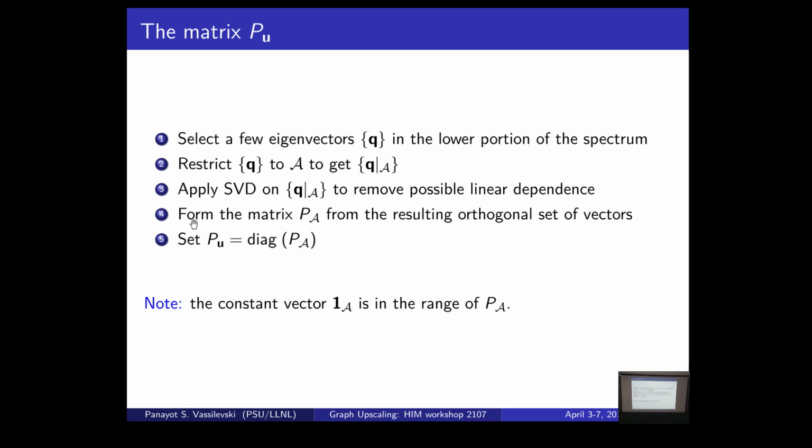And since I did it on an extension of the aggregates, I restrict them to the aggregate, so they may become linearly dependent. So we have to do, for example, SVD or QR or something to remove the linear dependence. So in each aggregate now we have a bunch of vectors which form a matrix with orthogonal columns.